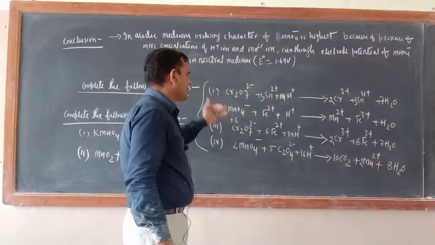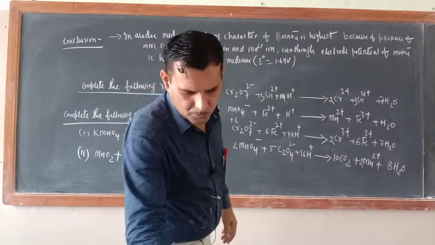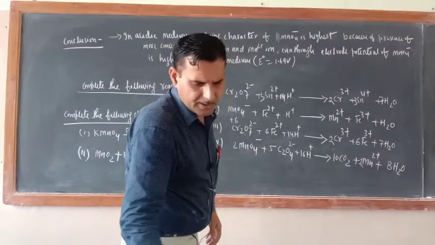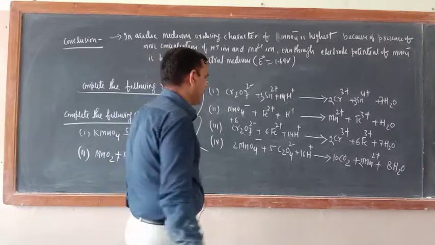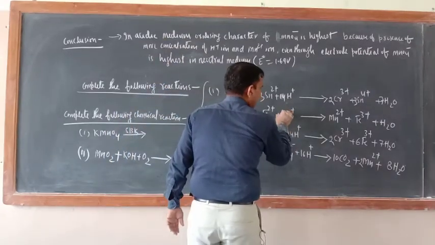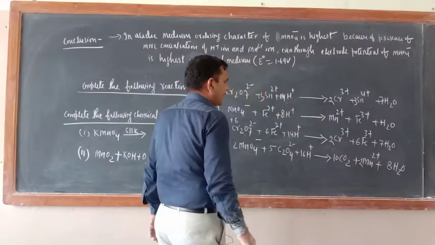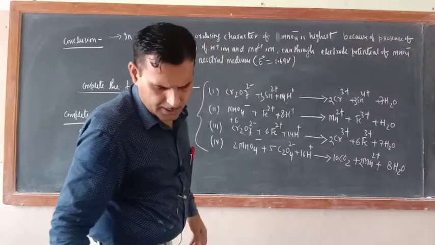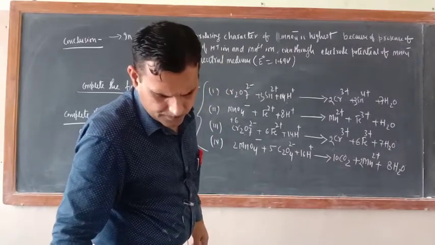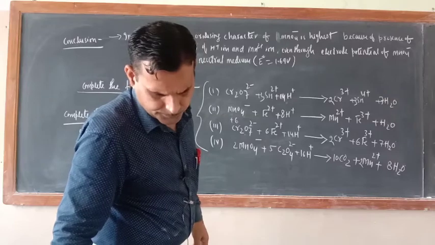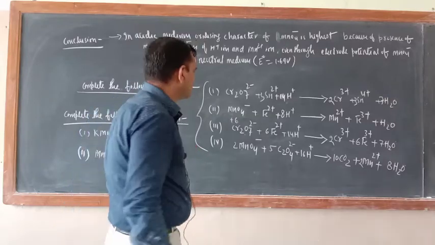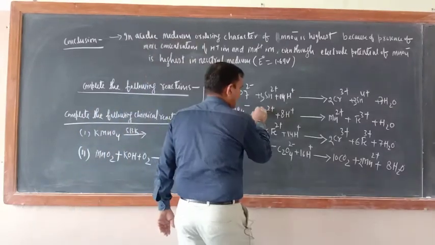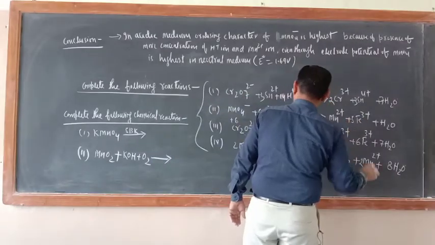In acidic medium of KMnO4, just see how many water molecules are added. 8H+ means you have to write 4H2O here, and 5Fe2+.